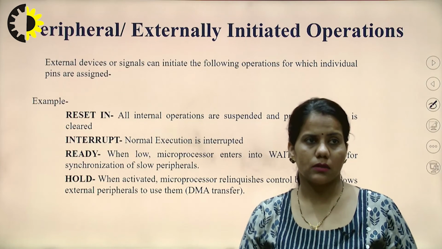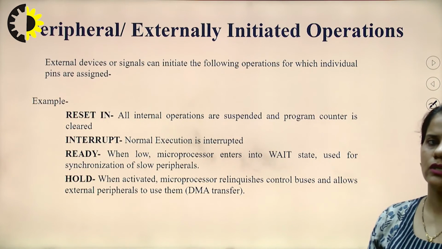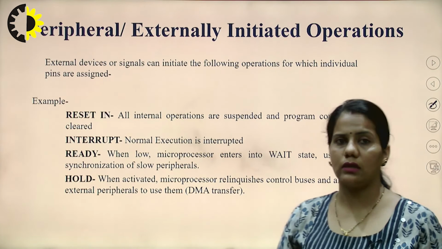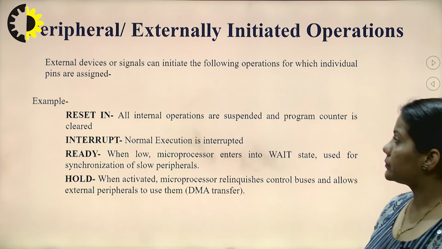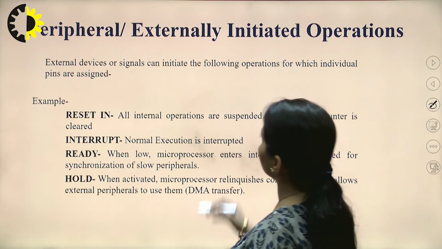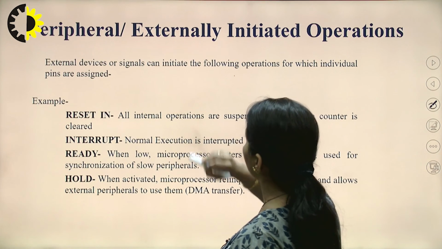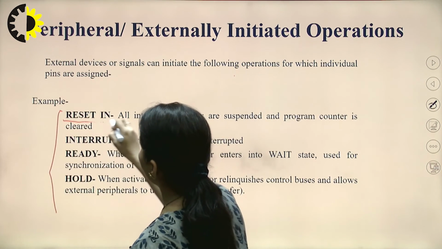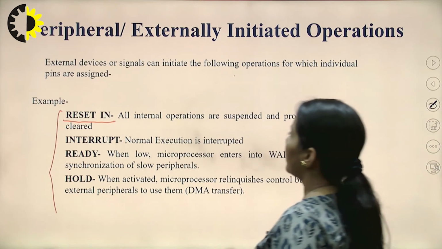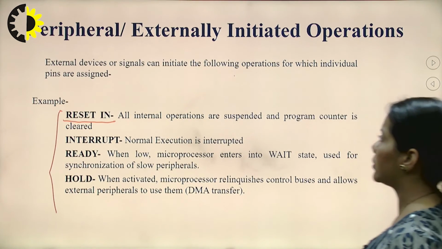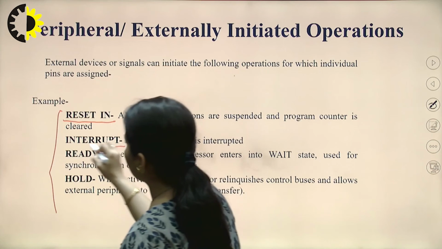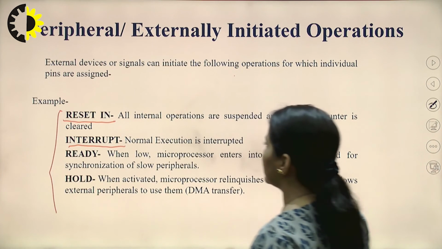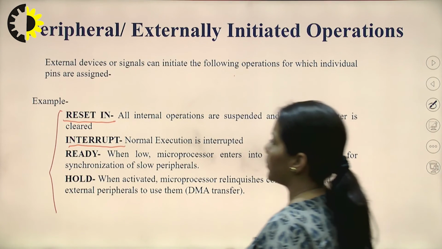Now, at last, the peripheral or externally initiated operations is yet another category. External devices or signals can initiate the following operations. What are those examples? Reset in: all internal operations are suspended and the program counter is cleared. Interrupt is another externally initiated signal: normal execution is interrupted.